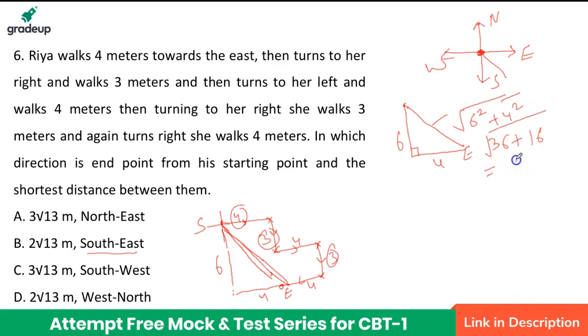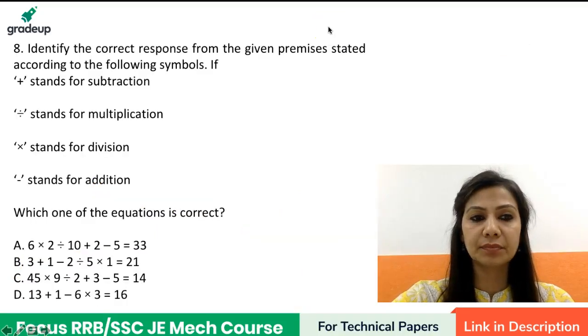After adding the values, you will have root 52, and you can solve it. It will be 2 root 13, since 13 into 4 is 52. Direction you have already calculated, so the answer will be 2 root 13 meters southeast. That's option B.